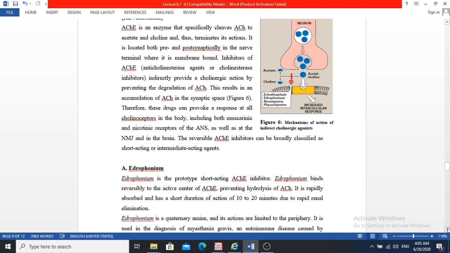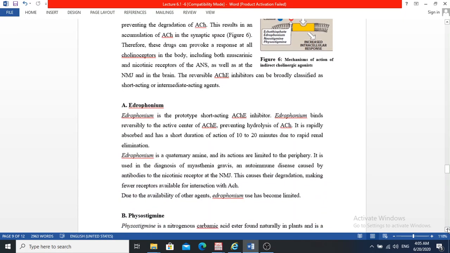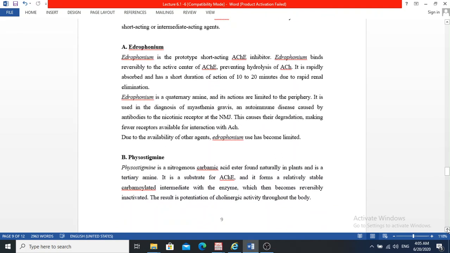It binds reversibly to the active center of acetylcholinesterase, preventing hydrolysis of acetylcholine. It is rapidly absorbed and has a short duration of action. Edrophonium is a quaternary ammonium and its action is limited to the periphery. It is used in the diagnosis of myasthenia gravis.